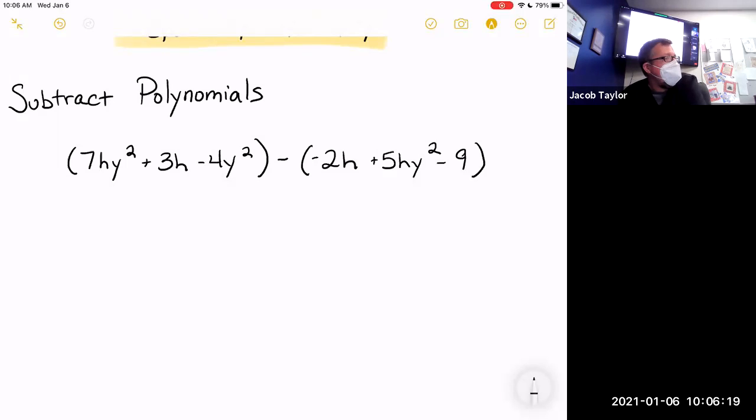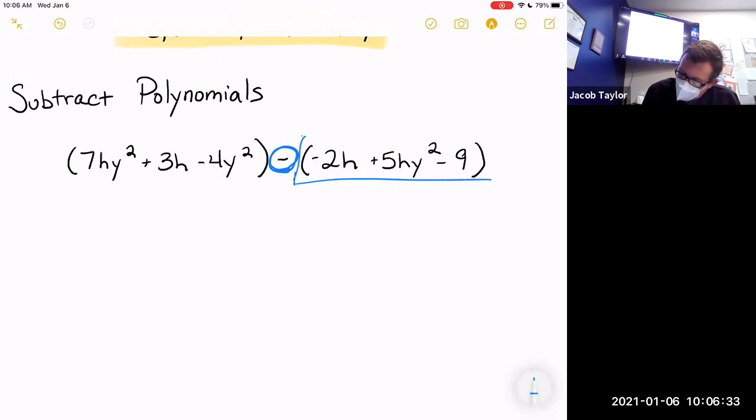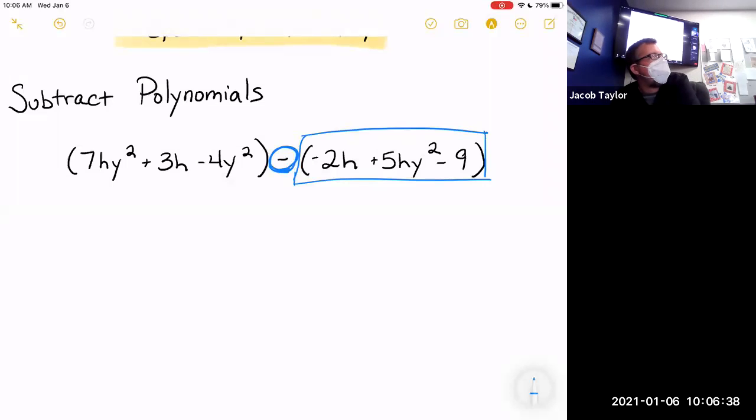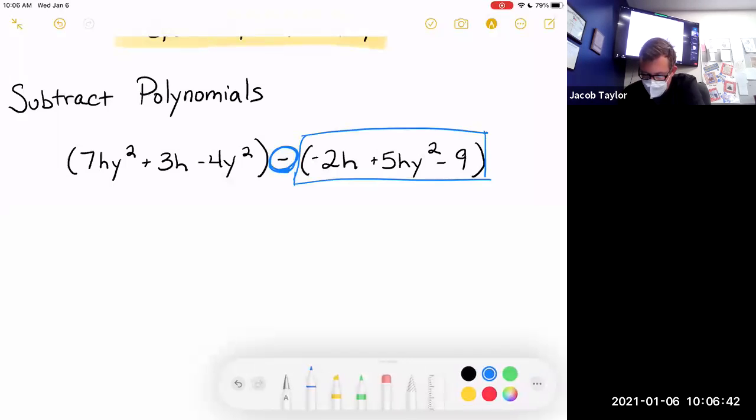So subtracting polynomials follows the same steps as adding polynomials, except we have a little bit of extra subtraction in here, which is that we are subtracting, see this subtraction symbol right here? We're subtracting this entire polynomial. So whenever we do the first step, which is to rewrite subtraction as addition of the opposite, we have to do that entire set of parentheses.